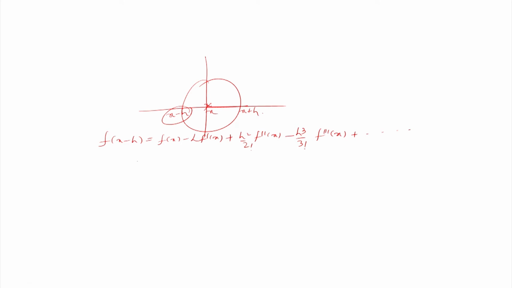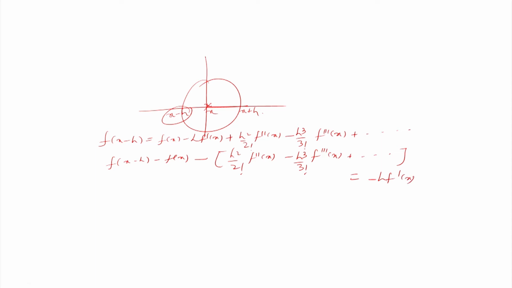Then we can express f of x minus h minus f of x as minus h f dash x minus h square by 2 factorial f double dash of x plus h cube by 3 factorial f triple dash of x, plus all the remaining terms.